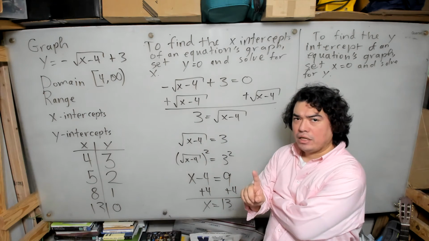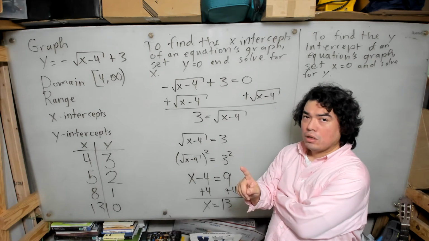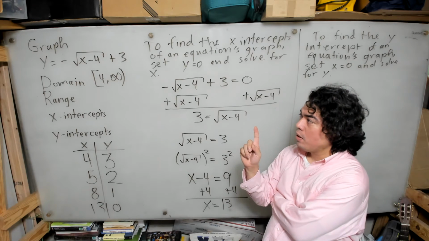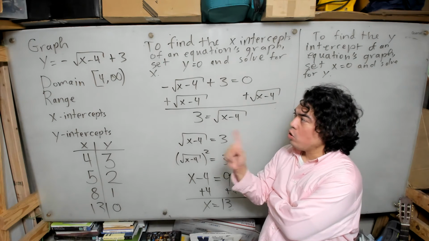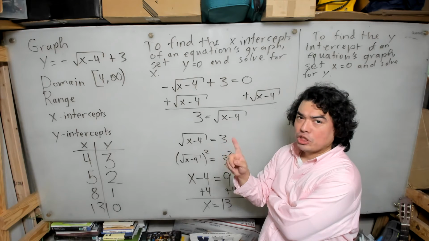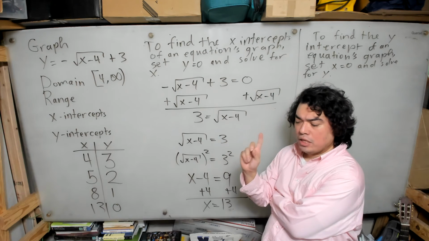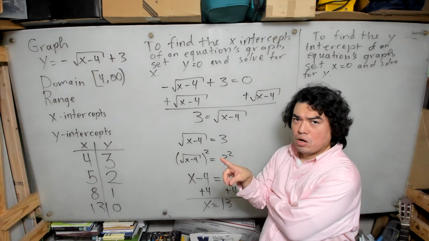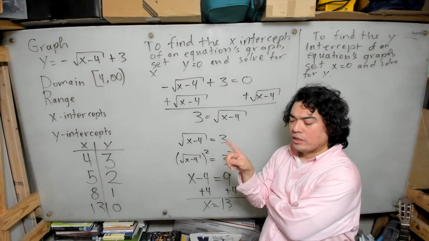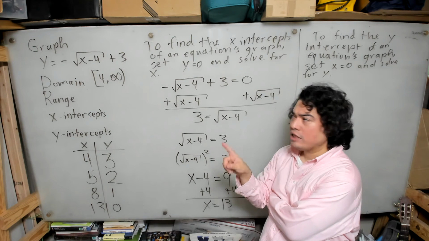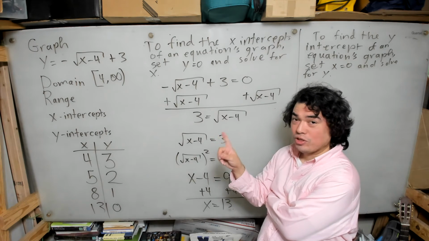That means specifically that no value of x less than 4 will make the expression x minus 4 into a positive number, and therefore we will not be able to take the square root of any number produced when we let x be any number to the left of 4.